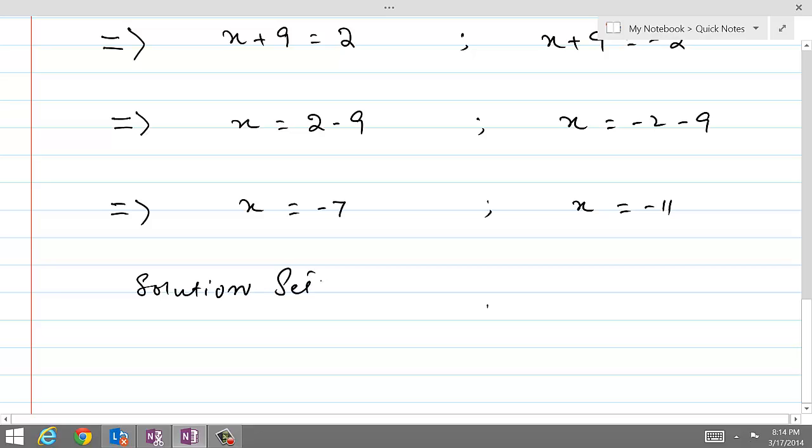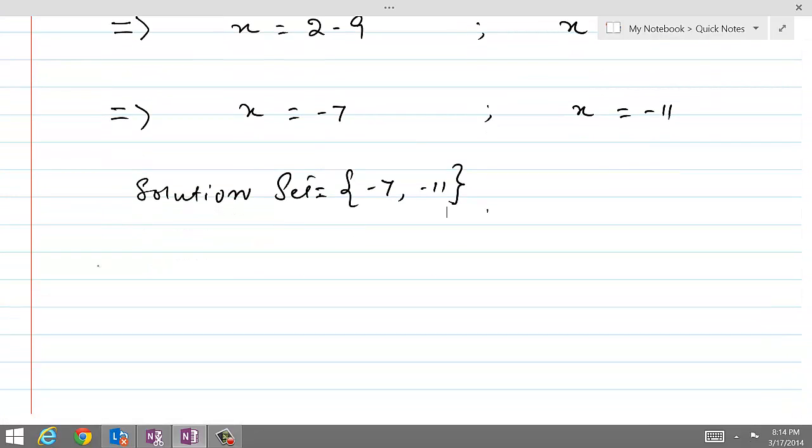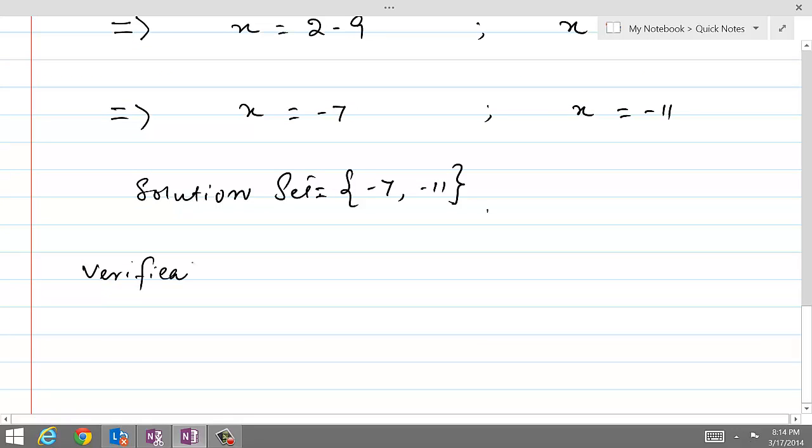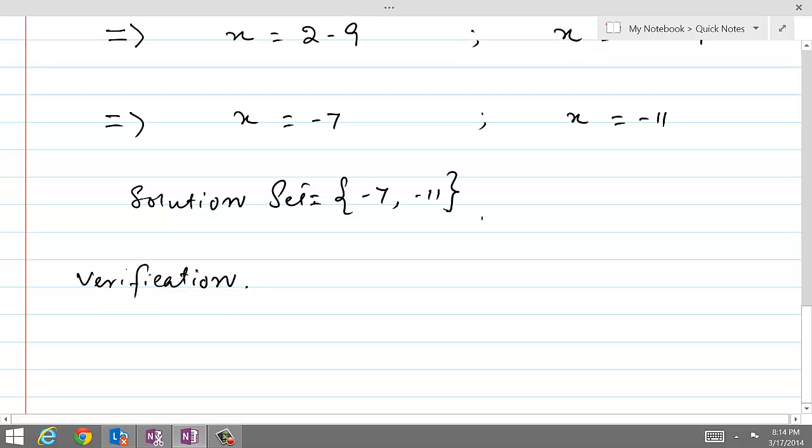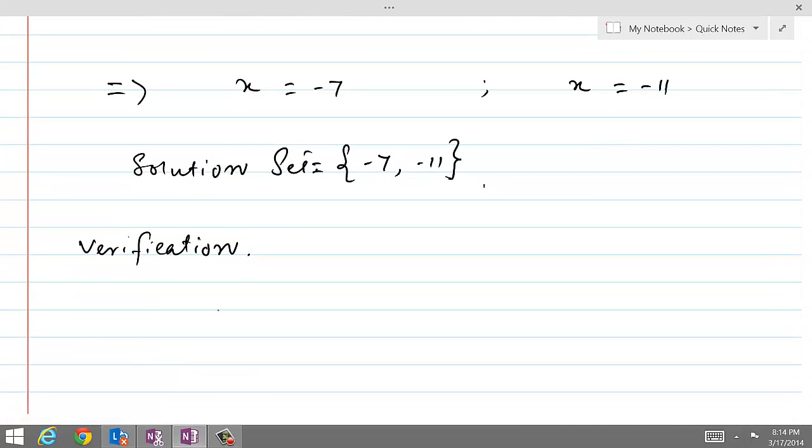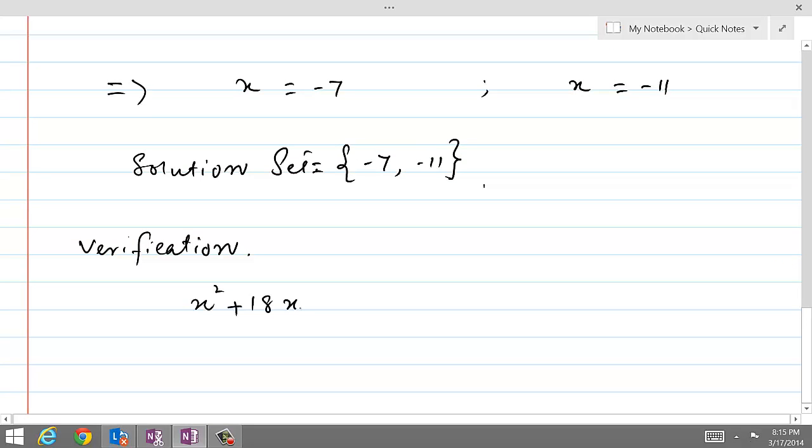And we can do the verification procedure as well, with minus 7 and minus 11. If we do the verification, what was the equation? The original equation was x squared plus 18x plus 77 equal to 0.